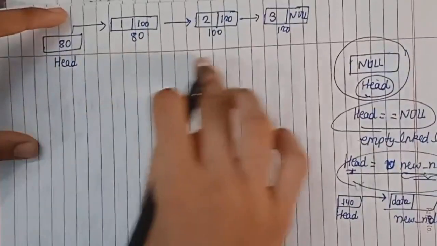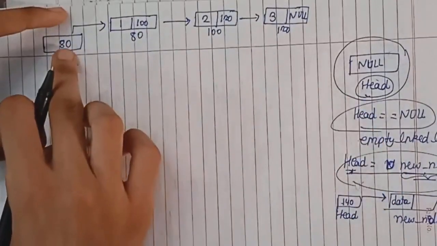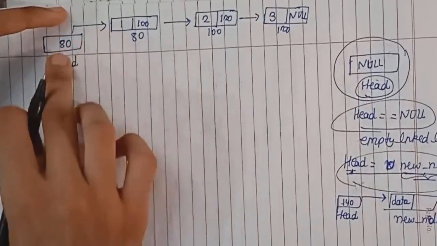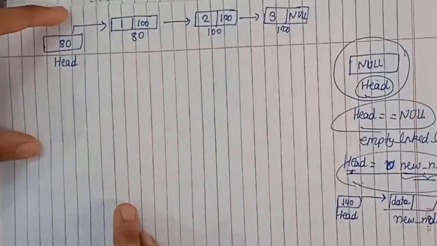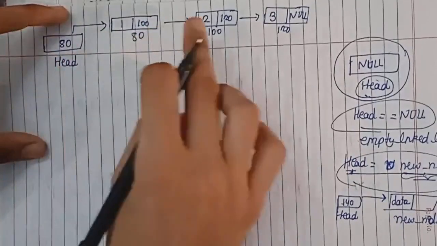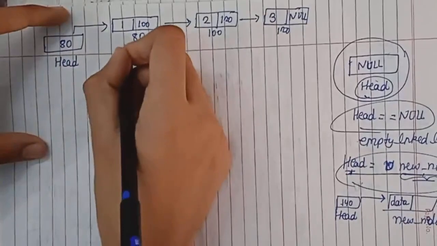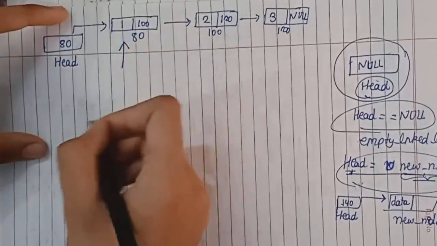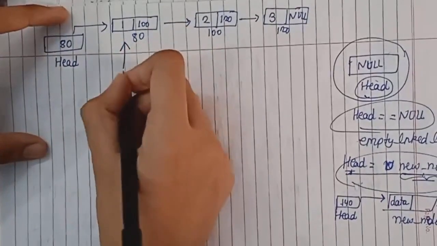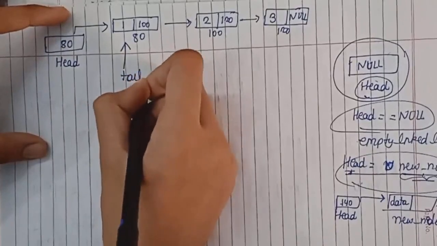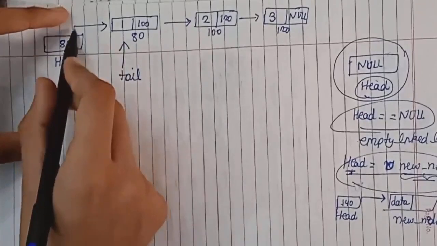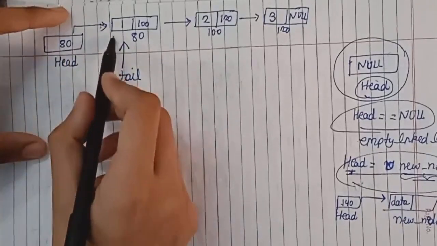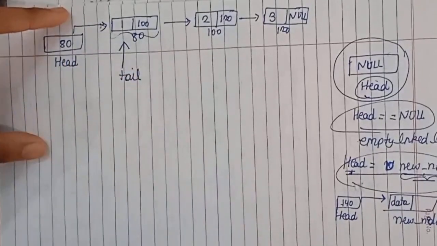So this is the case when head is not pointing to null pointer, it is pointing to some element, it is pointing to some node basically. So now what I will do in this case, I will just create another pointer named tail, which will be pointing to the same position where this head is pointing earlier, that is this first position.